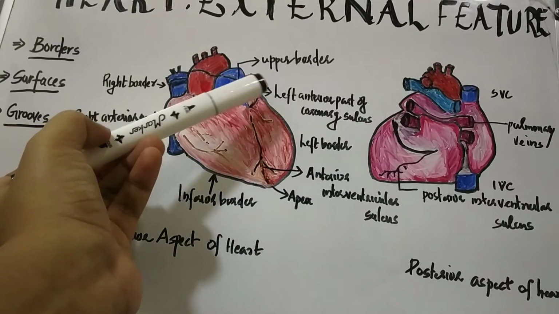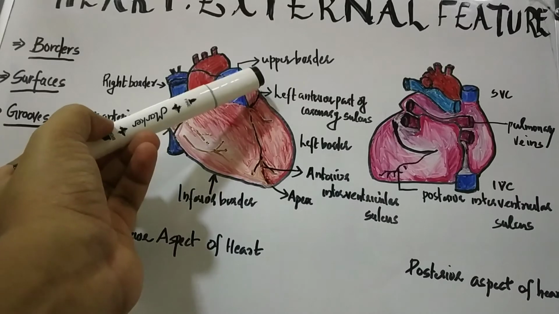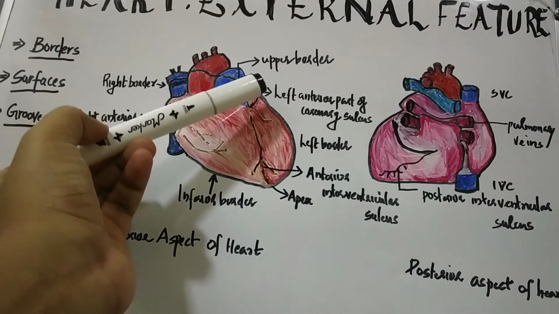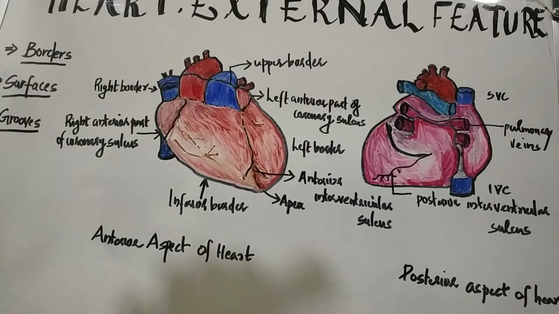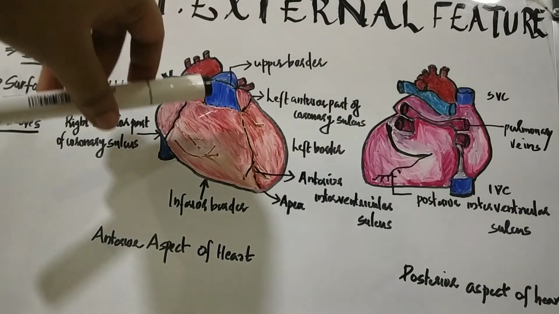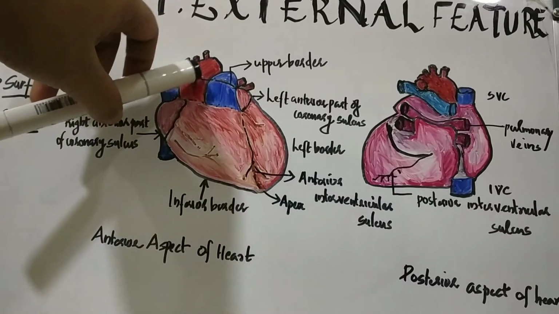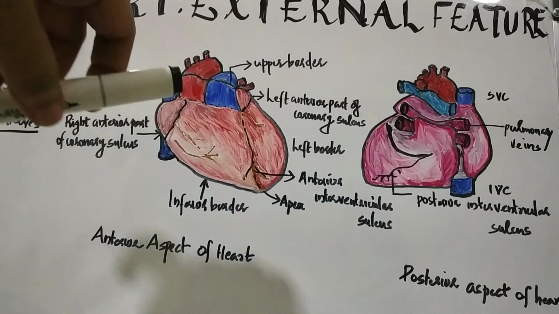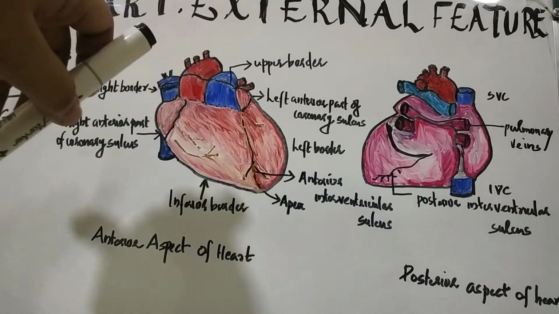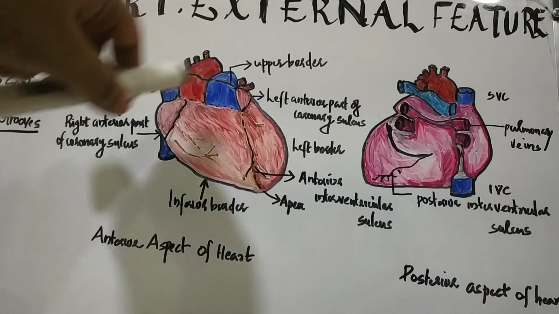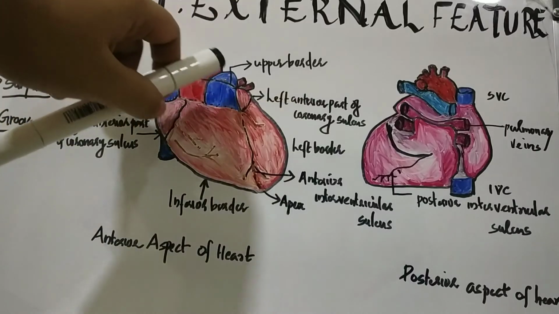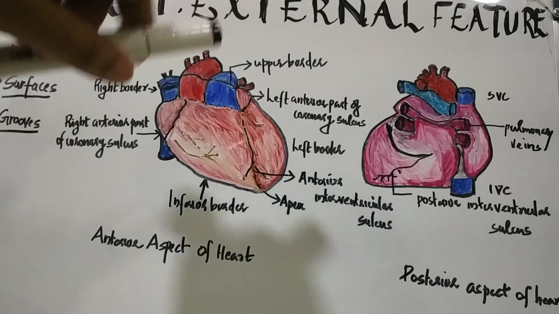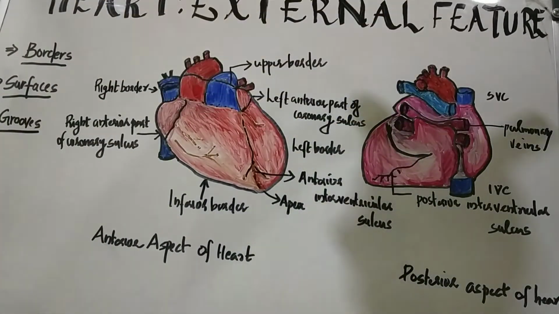The left atrioventricular sulcus is smaller and it lodges the circumflex branch of the left coronary artery. The coronary sulcus is anteriorly hidden by the pulmonary trunk and aorta. The interatrial sulcus or groove is also hidden anteriorly by the pulmonary trunk and aorta, and posteriorly it is vaguely seen.